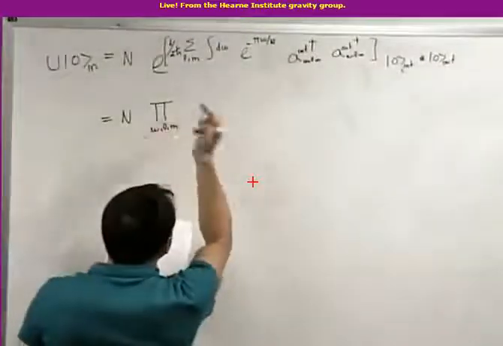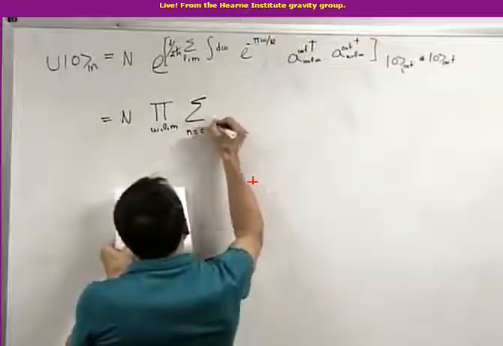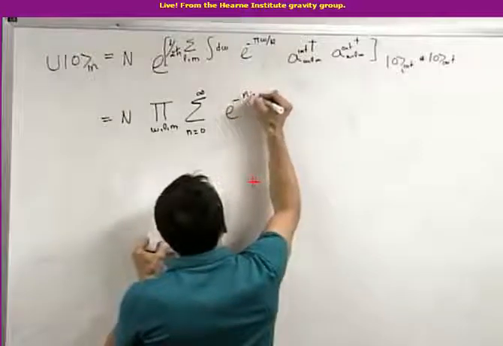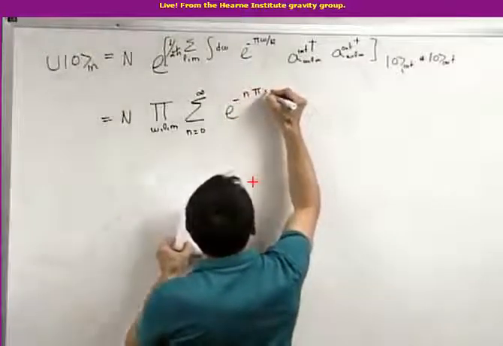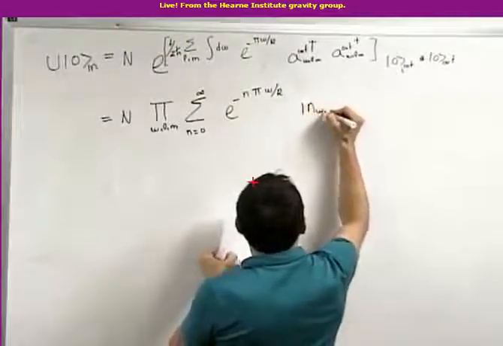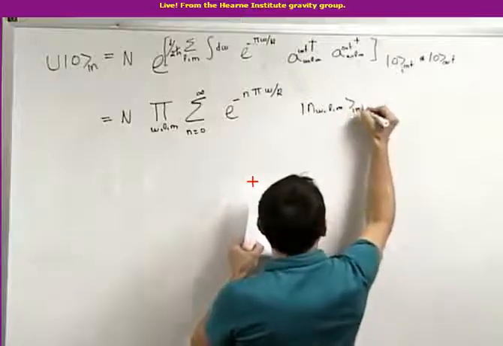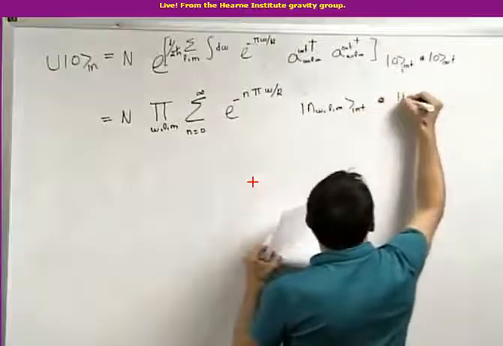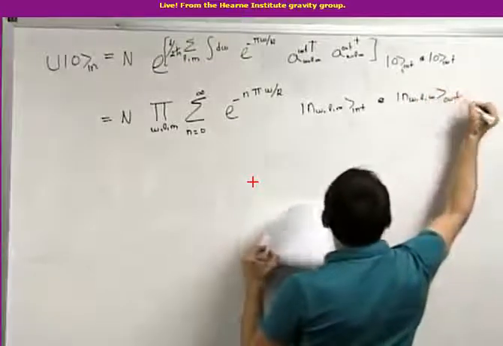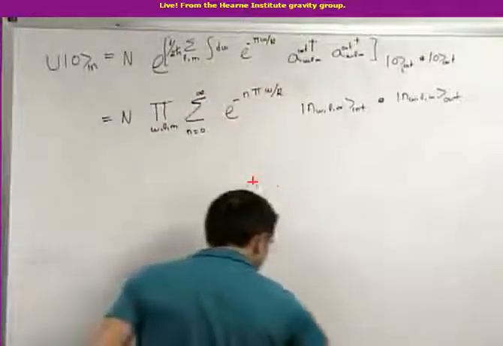So if you want, this expression is a formal sum from n equal 0 to infinity, e to the minus n pi omega over kappa, a state with n quanta with those quantum numbers in the int representation, and a similar state in the out representation. So I have just expanded the exponential.